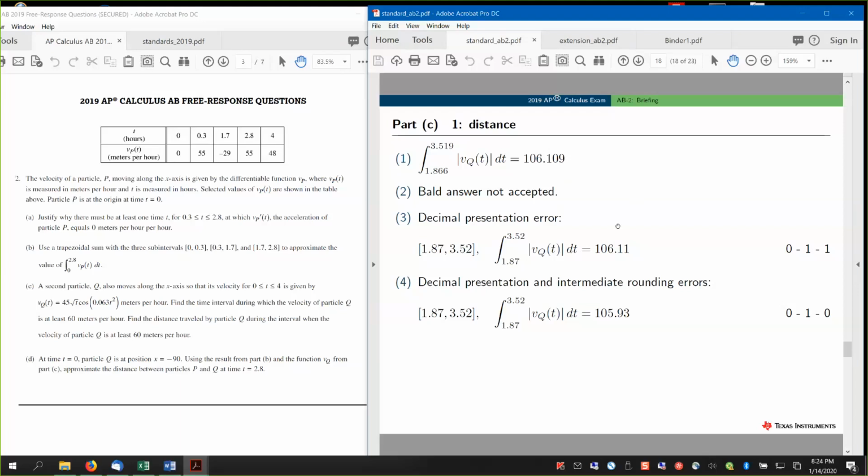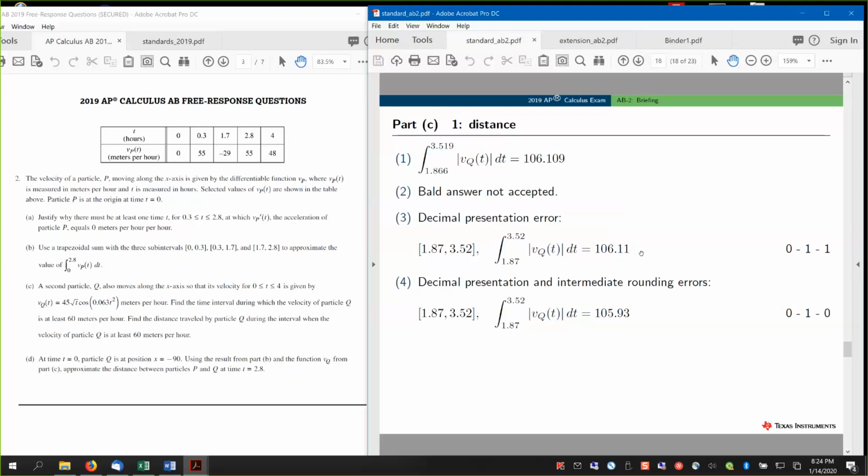And here's an example of a decimal presentation error. This student does not earn the first point. They presented this interval incorrectly. It's a decimal presentation error. They don't earn the first point, but they do earn the second point for the definite integral. But the final answer here is not correct. I beg your pardon.